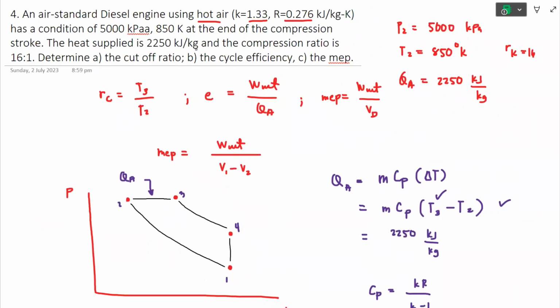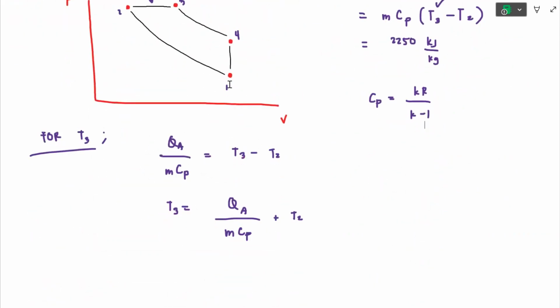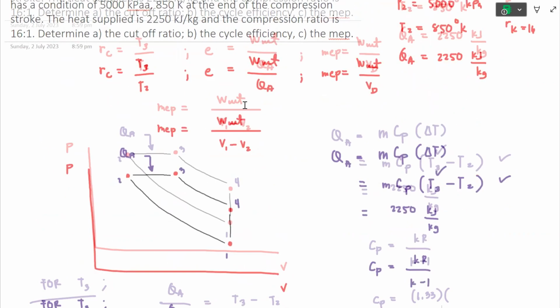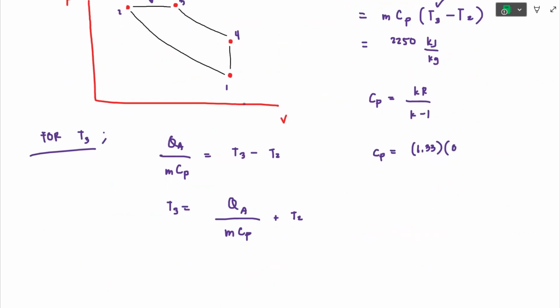Kung air standard siya, magbigay ka ng R. Okay, sundin natin yung binigay niya dito na k tsaka yung R para masolve natin si Cp. So, k is 1.33. Multiply natin ng R na 0.276 kilojoule per kilogram degree Kelvin divide by 1.33 minus 1.